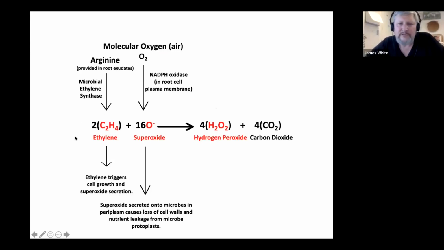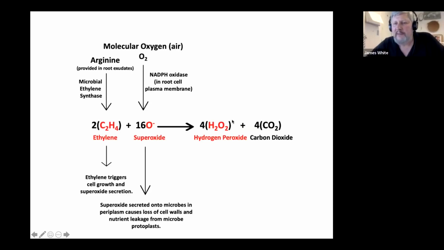And I'll just show you just a few of these, just so you see what I'm talking about. Okay, one reactant is ethylene. The microbes are producing ethylene, and the plant then, in response to that ethylene production, will release sugars to the microbe, but also releases superoxide. And that superoxide then will combine with the ethylene and will form hydrogen peroxide.